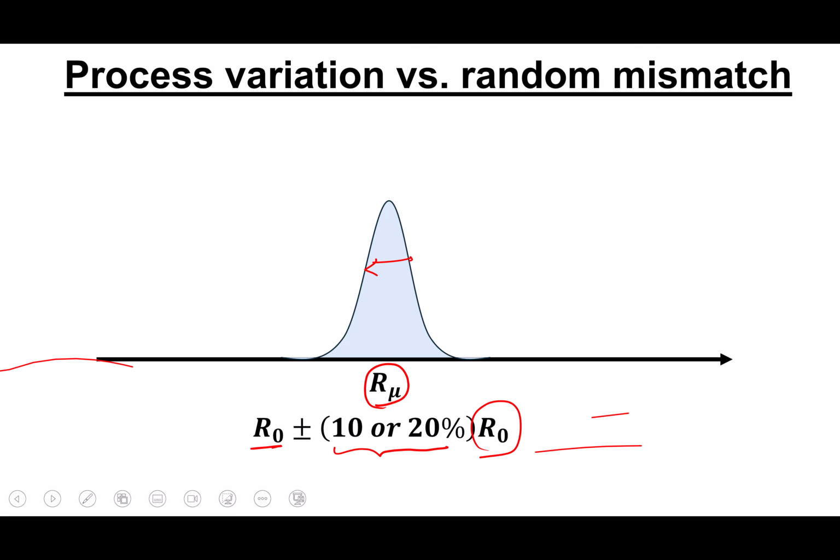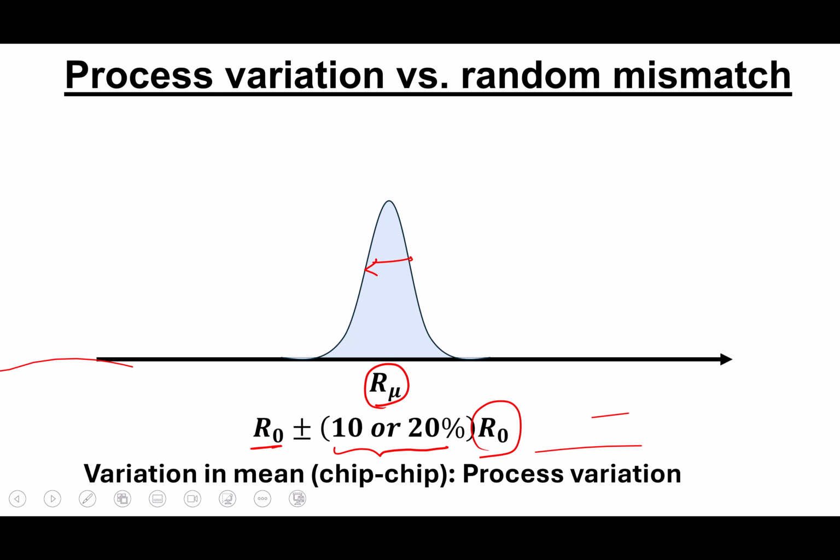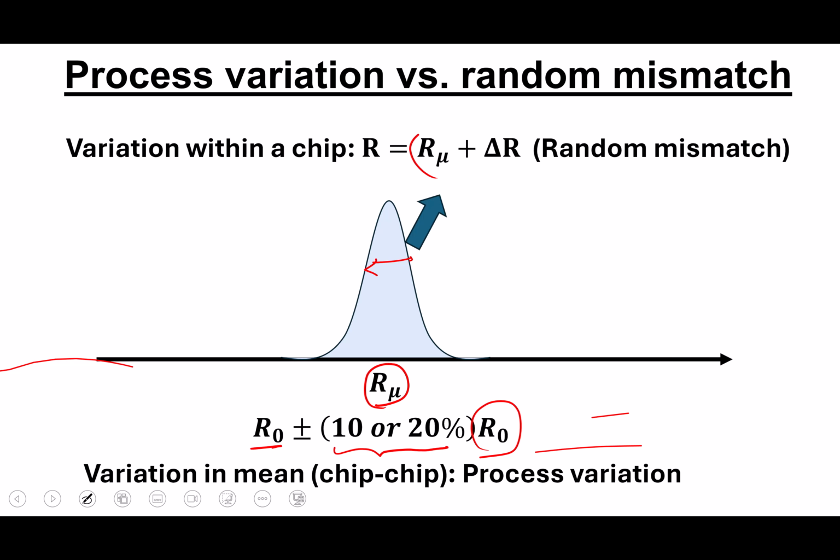This variation is called process variation. Variation in the mean value from chip to chip, that is process variation. Now around this mean, in a single chip, we have variation in the resistance value. That is what we call random mismatch. That is, within one particular chip, what is the spread of the values of a component, that is the random mismatch.